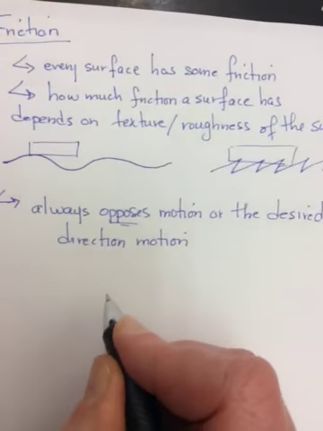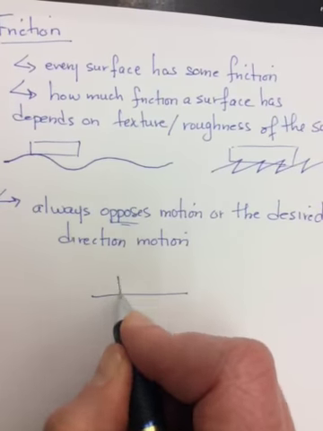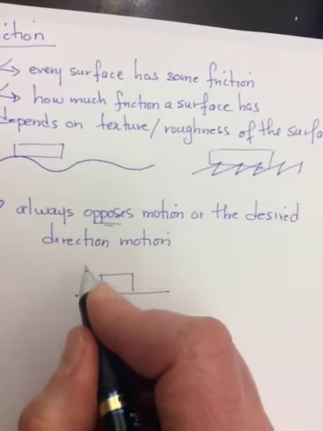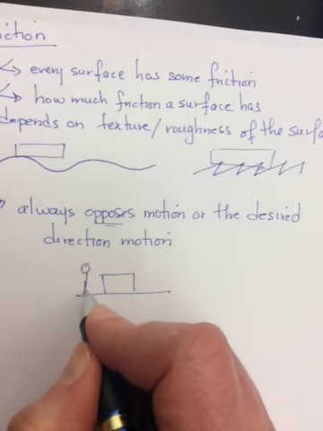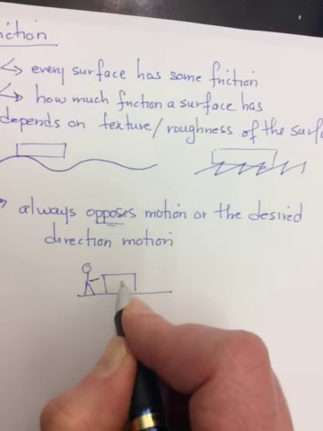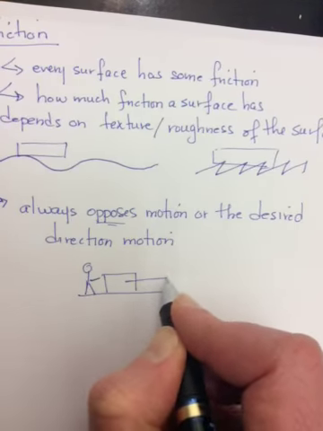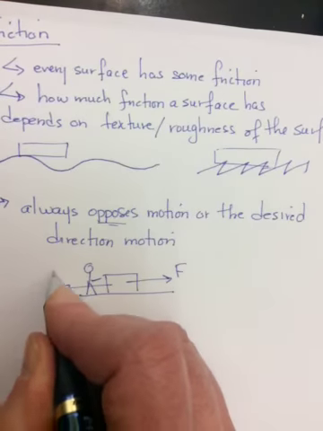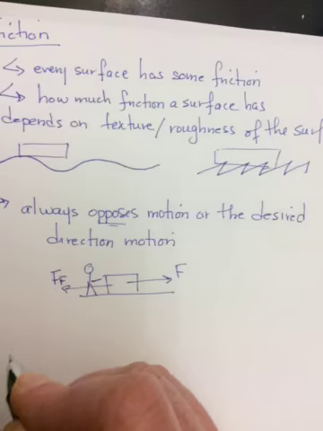Opposes means it always goes against motion or the desired direction of motion. Obviously it opposes motion: if I'm pushing a box this way, with a force like this, then friction is going to act backward on it. It's going to oppose motion.